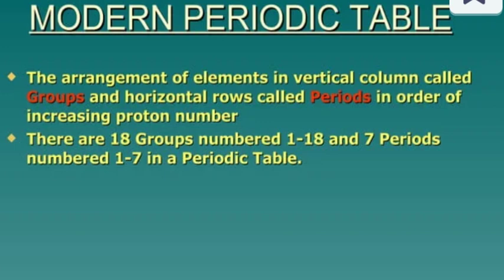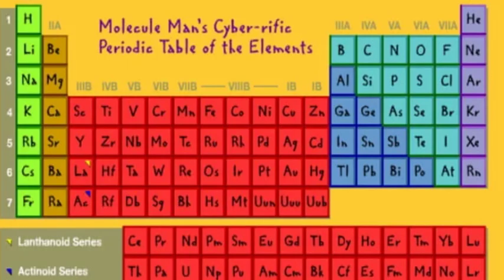So there are 18 groups numbered 1 to 18 and 7 periods numbered 1 to 7 in the periodic table. Point of correction, there are 18 columns. The ones that are referred to as groups are what we refer to as your main group elements, and we are going to be seeing that here. The main group elements are those found in column 1 and 2 and from column 13 to column 18.